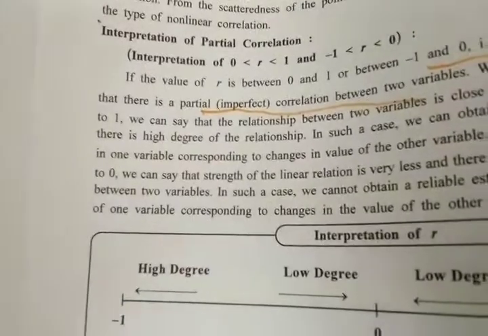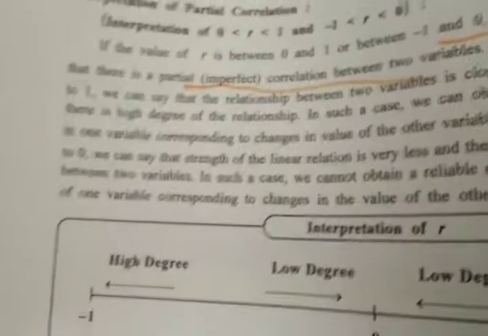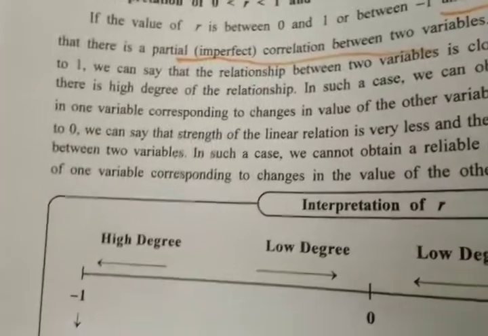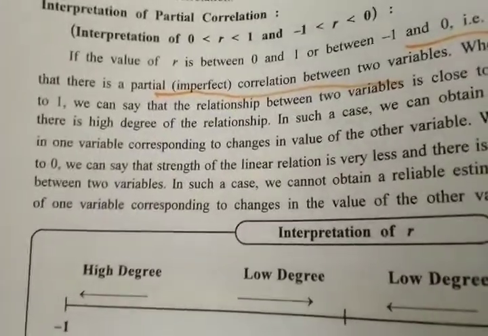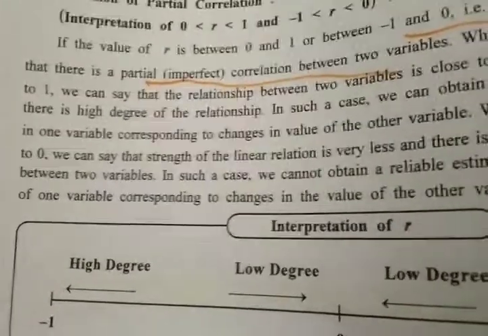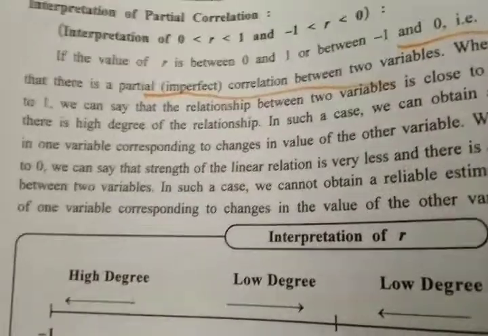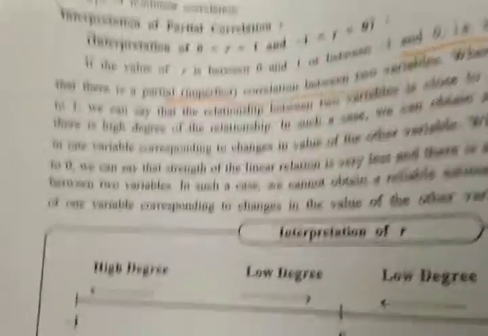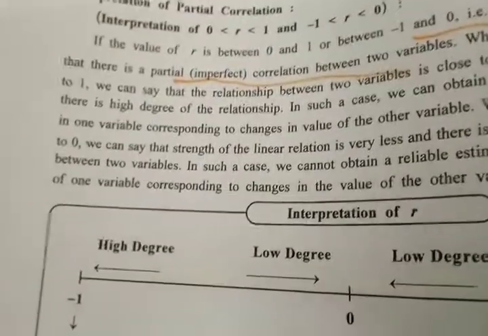When you interpret a correlation coefficient as partially positive, it can be any value above 0 up to, in fact less than, 1. If it is partial negative correlation, it can be a value less than 0.